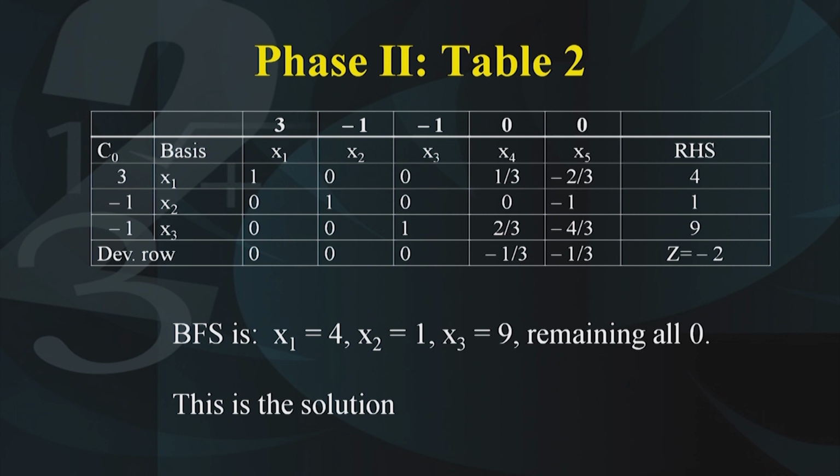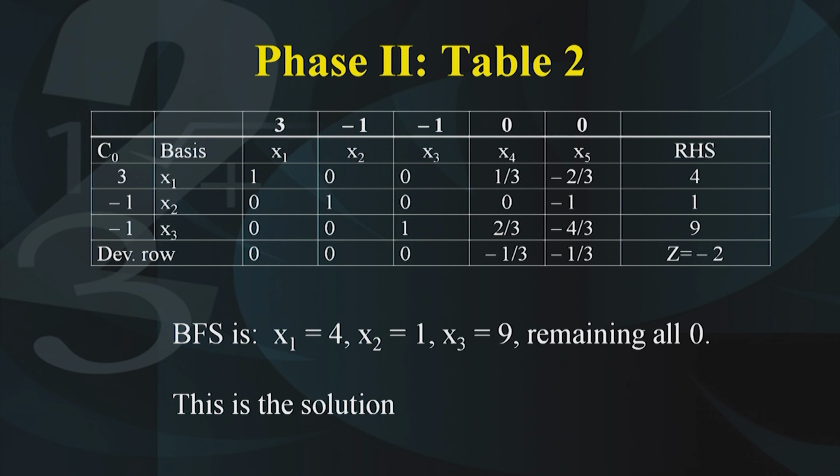Yes, the stopping criteria is that all the entries in the deviation row should either be 0 or negative, and that is what is happening here in this particular table. This indicates that the stopping criteria has been achieved, and therefore this is the solution to the given linear programming problem.